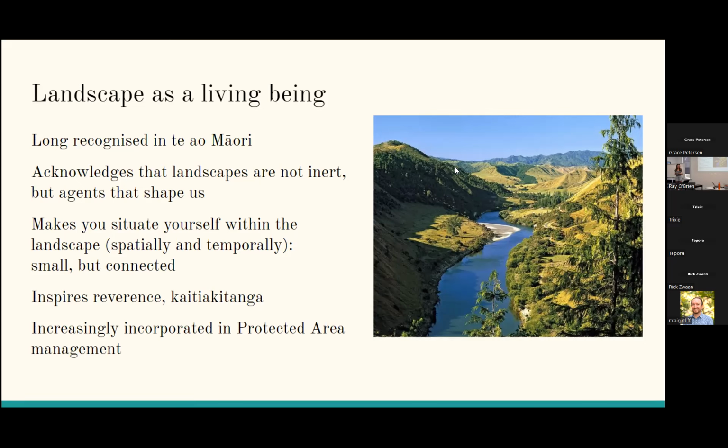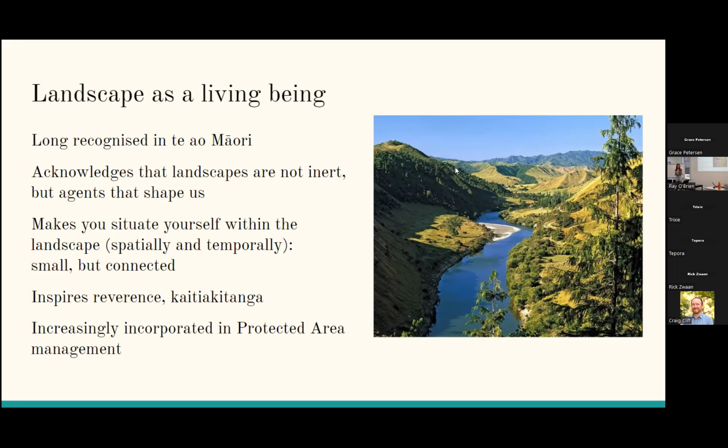And what I noticed is that for all of these landscape encounters, they cause people to situate themselves quite well in that landscape, recognising their place in it both spatially and temporally, so over time, and noticing that yes, they may be small and insignificant in that big picture, but they are also connected and part of it.